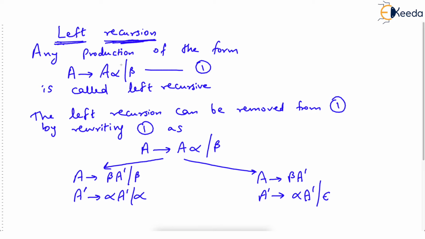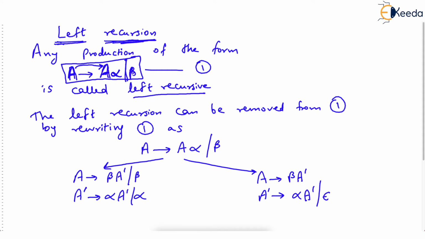Now any production of this form, A derives A alpha or beta, is called a left recursive production. Why? Because on the left hand side we have a non-terminal A, and on the right hand side we directly have the same non-terminal immediately in the beginning, followed by some symbol alpha or beta.